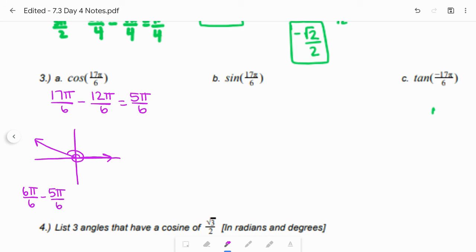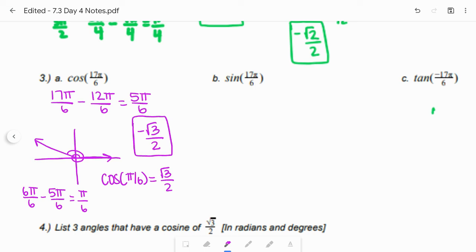And I did that because I'm in quadrant 2, and I'm left with pi over 6. So cosine of pi over 6 is equal to root 3 over 2. I know that I'm in the second quadrant here, so my x-coordinate is negative. So negative root 3 over 2.